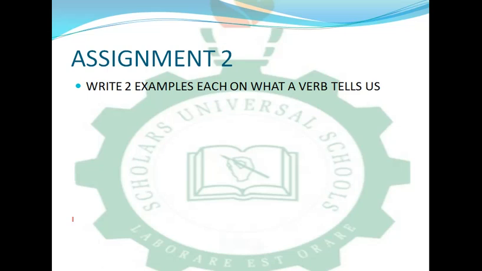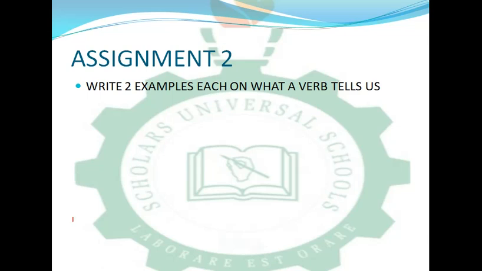Your job now is to study that and give examples in that line. 2 examples each.